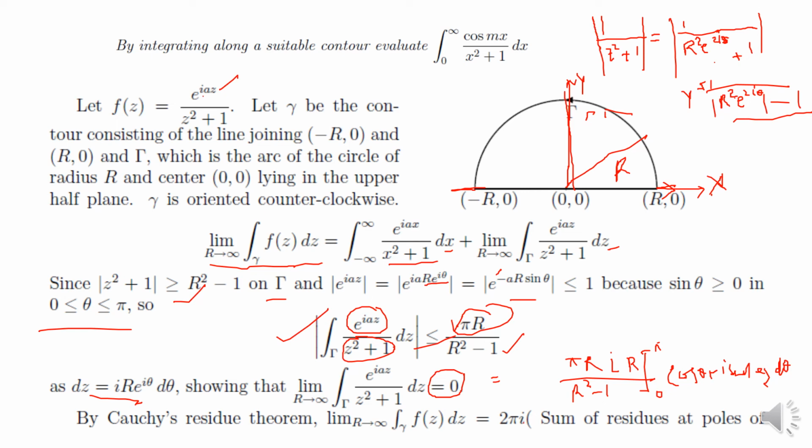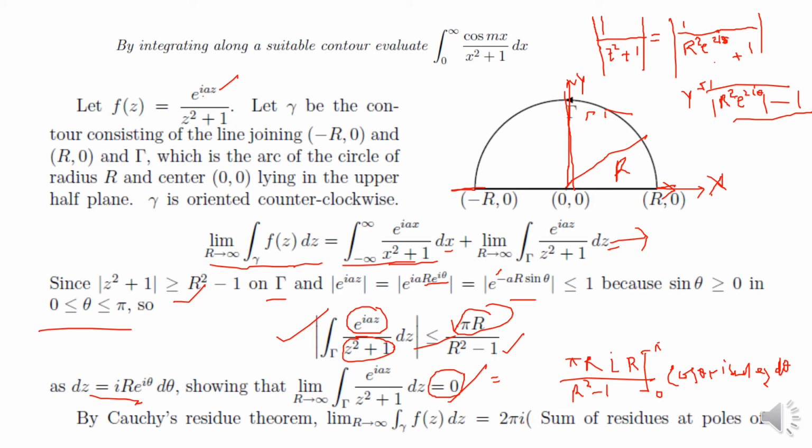And this i sin theta when we integrate it becomes minus i cos theta, and the limit will be minus i cos pi minus i cos 0. So the first becomes plus i, the second minus i, cancels out, and it is 0. So we got this 0. So we have shown this second term is 0.